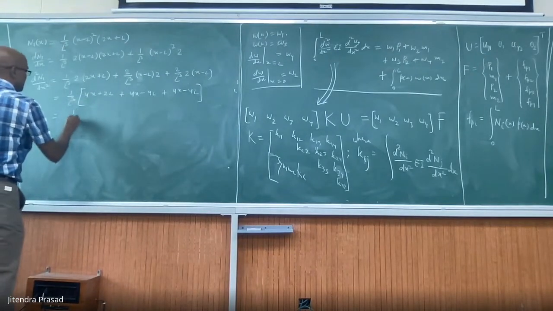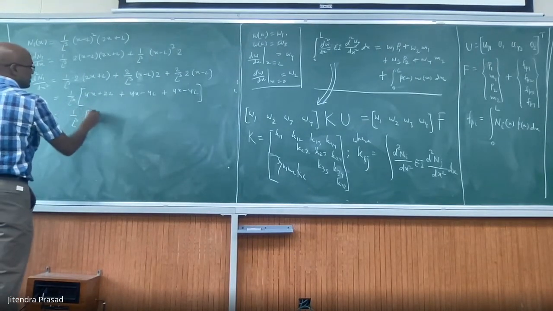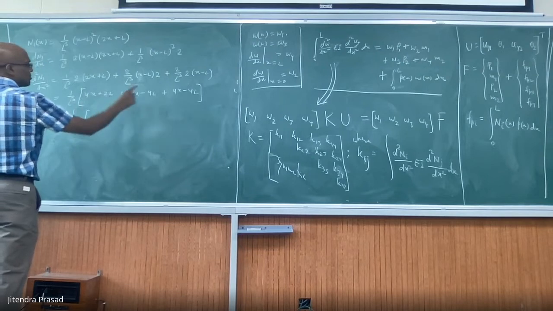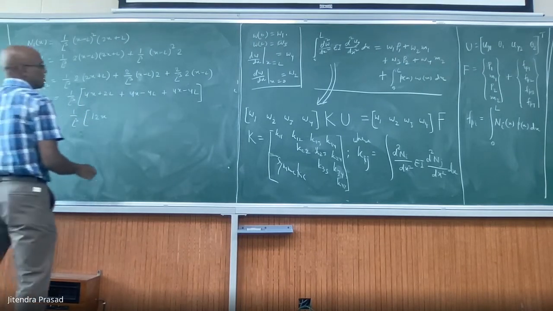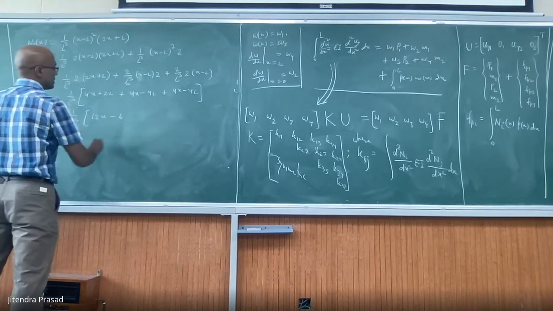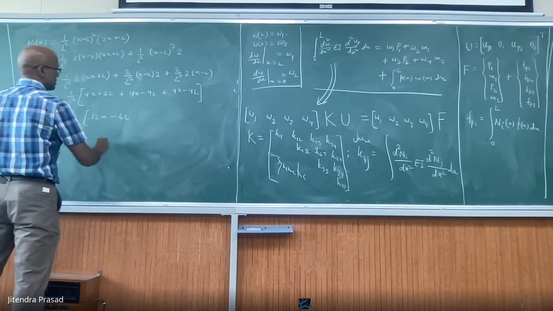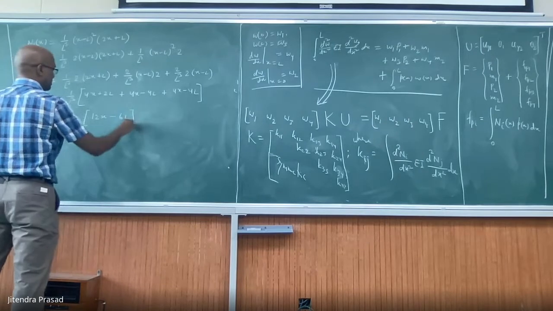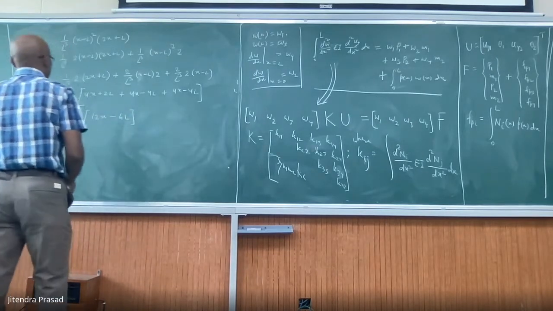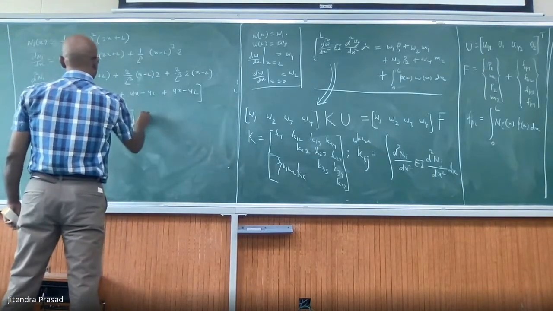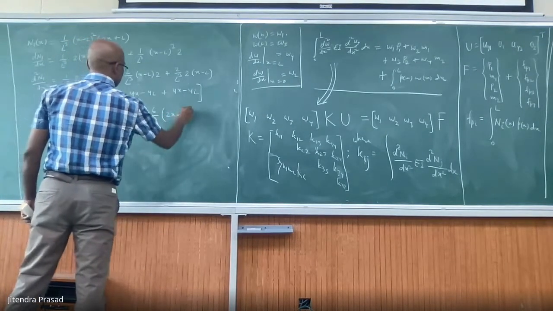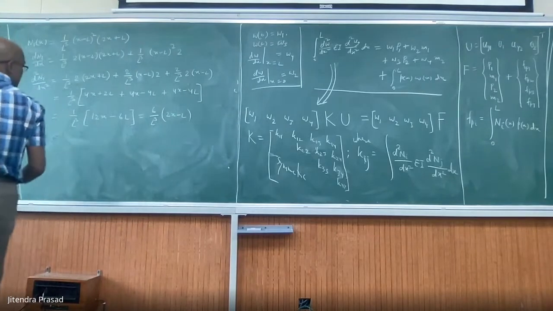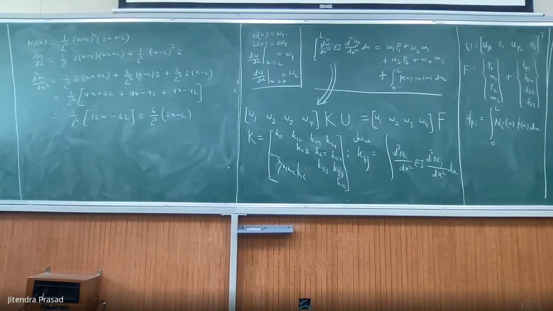Equal to 6 upon L cube, so 4x, 4x, 4x makes 12x, then minus 6L. Right? Okay, so that makes 6 over L cube times (2x minus L). Fine?